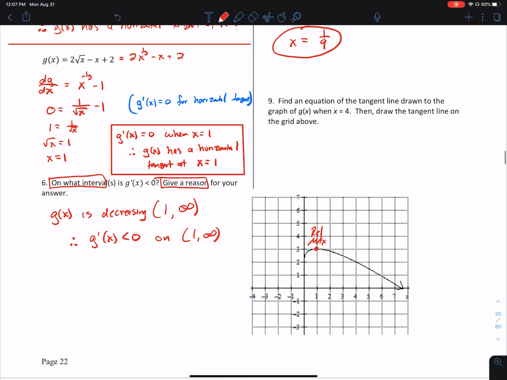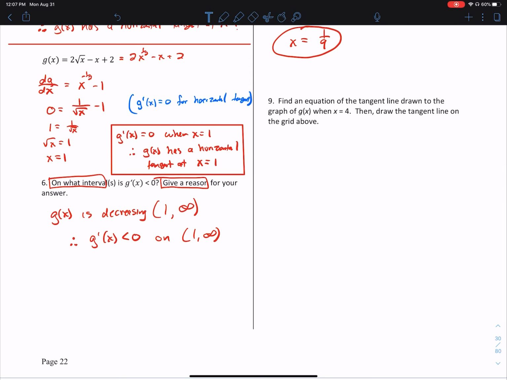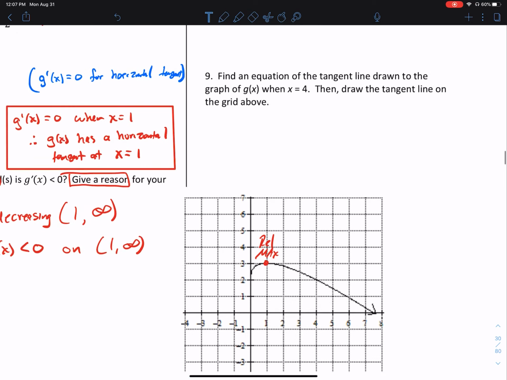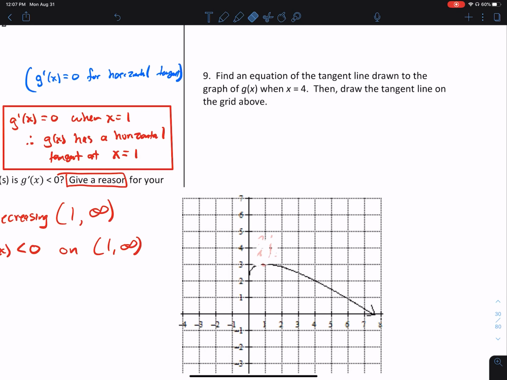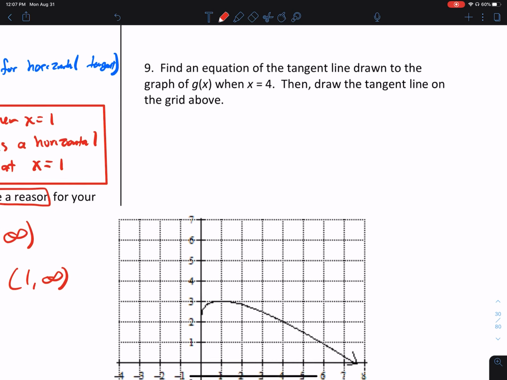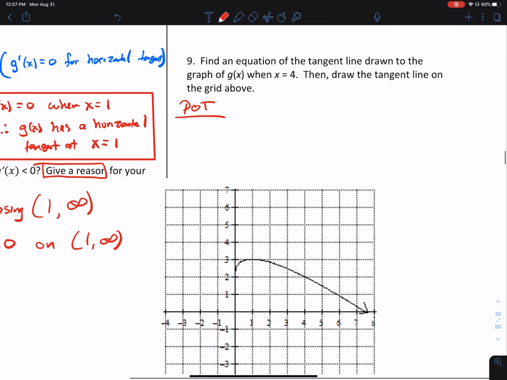Number 9, find an equation of the tangent line drawn to the graph of g of x when x equals 4. Then draw the tangent line on the grid above. So let me bring that picture back that I just had here. In order to do this, we need a point of tangency and a slope of tangency. Point of tangency, pretty easy if you have a graph. When x is 4, it looks like the y value here is 2.